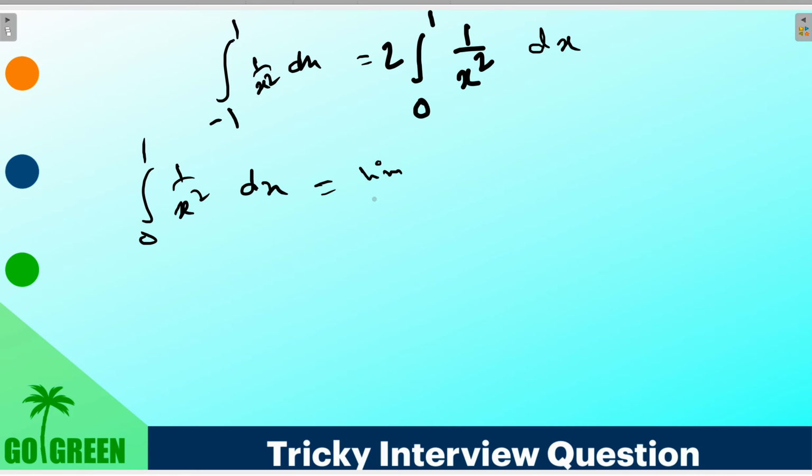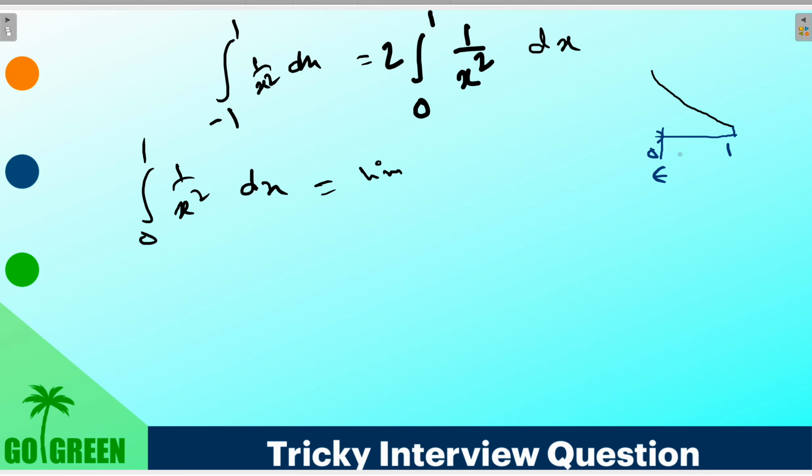So what kind of limit? I will first explain here. We are finding the integral of 1 by x square on, let's say, 0 to 1, but around 0 it has no finite value. So better you remove a very small part around the 0 point, and call this point epsilon.